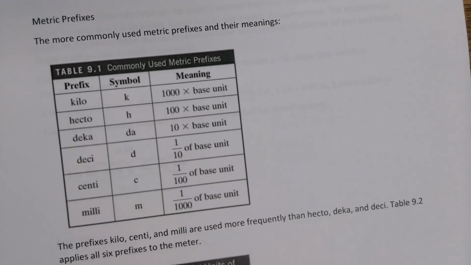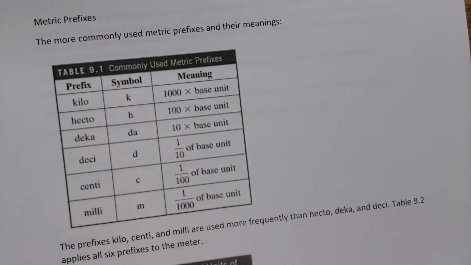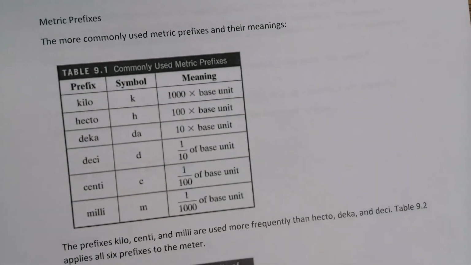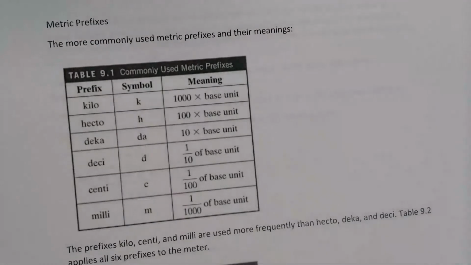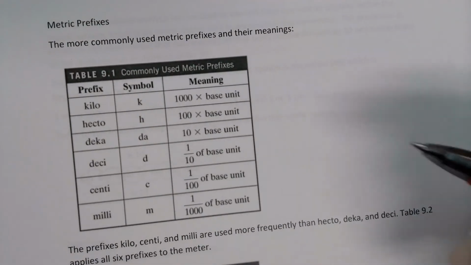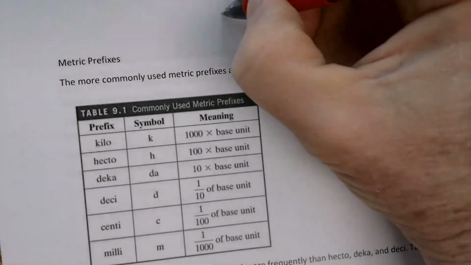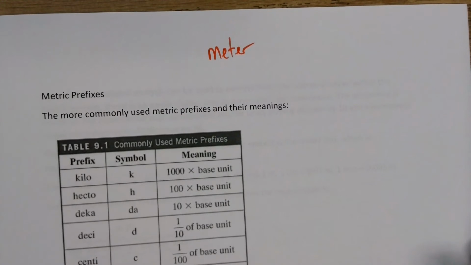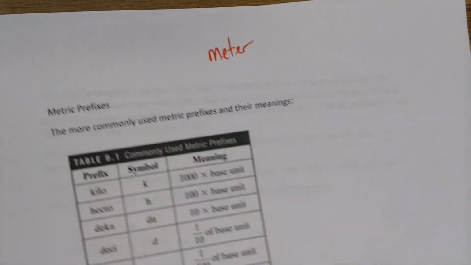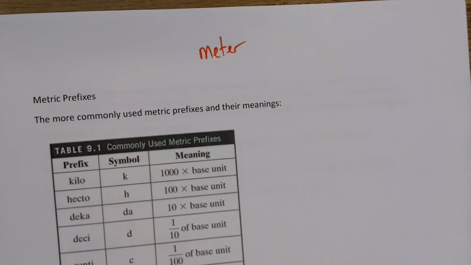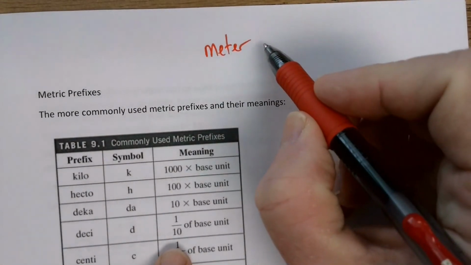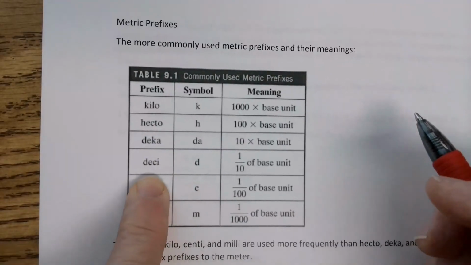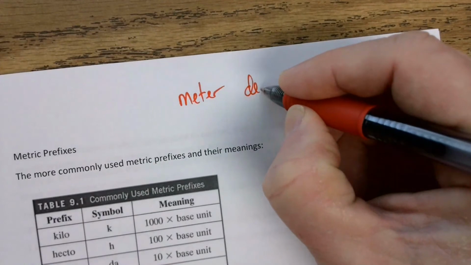It's not difficult. Okay, so with the length, the main metric length is the meter. Meters, okay? Meter, right there in the middle. All right, so if I want something smaller than a meter, I'm going to go down and I'm going to say, oh, a decimeter.